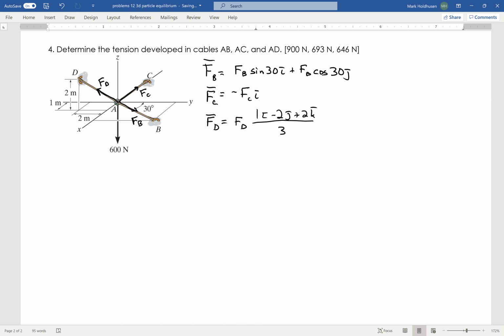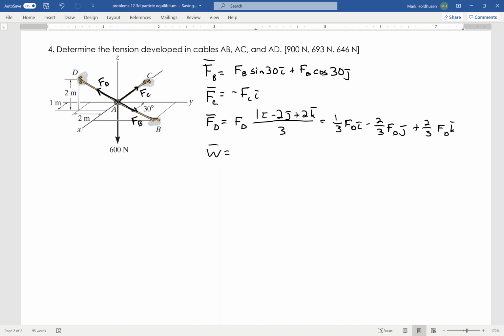So from that I get 1/3 FD I minus 2/3 FD J plus 2/3 FD K, like that.